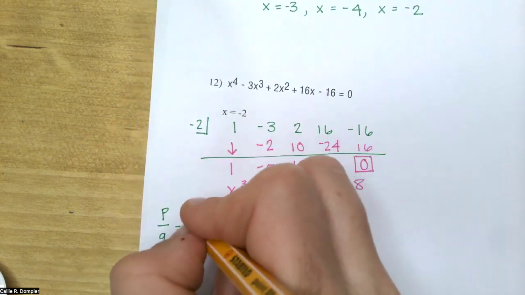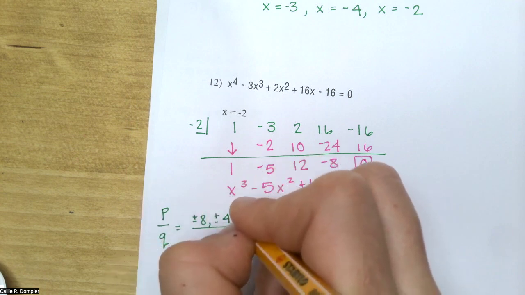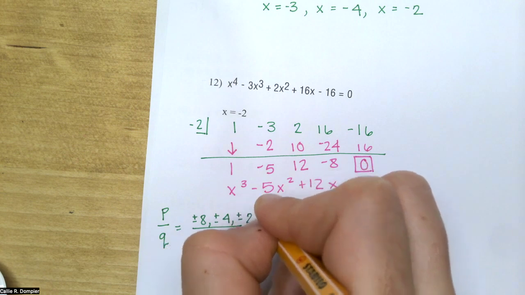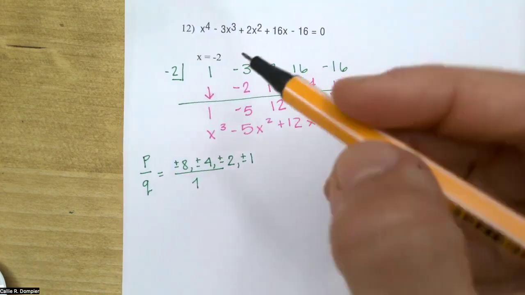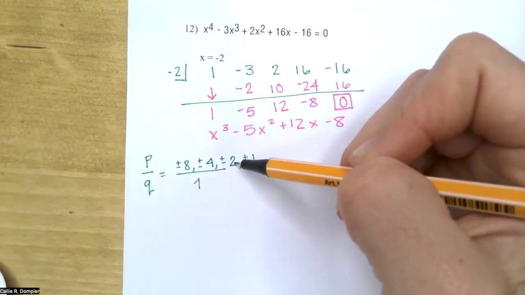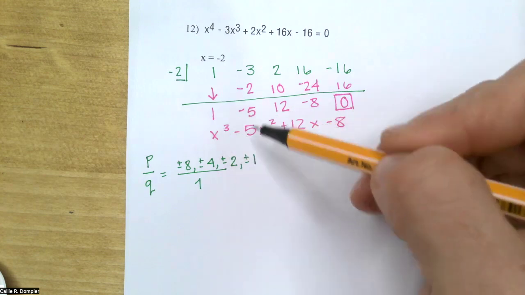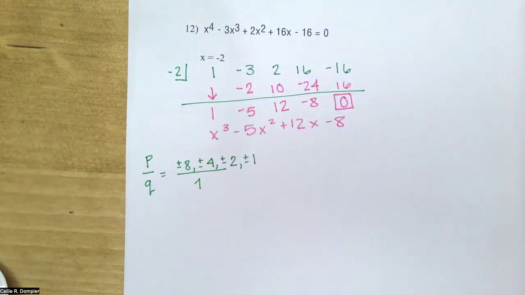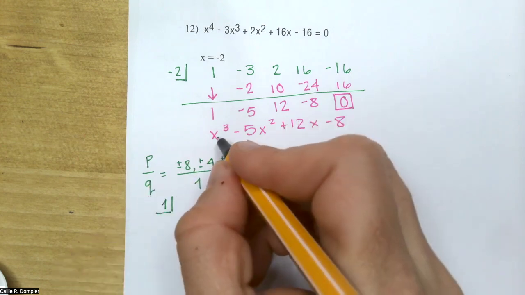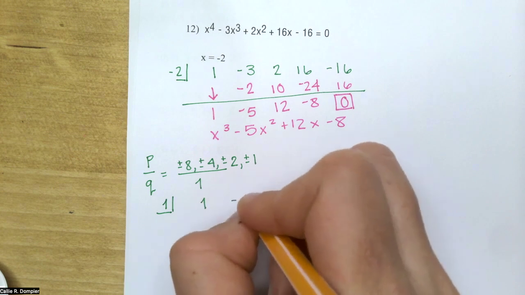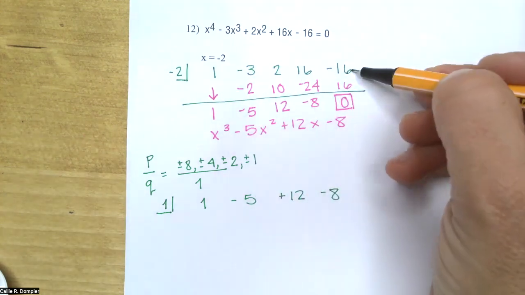P is negative 8, so it could be plus or minus 8, plus or minus 4, plus or minus 2, and plus or minus 1. Now, I know that I said we already found the negative 2, but that's not actually a factor of this, right? This is a totally new one. So it might be negative 2 again. Let's start with just positive 1 and hope that it works. Again, I'm using 1, negative 5, positive 12, negative 8. I'm not using the same numbers I did the first time.